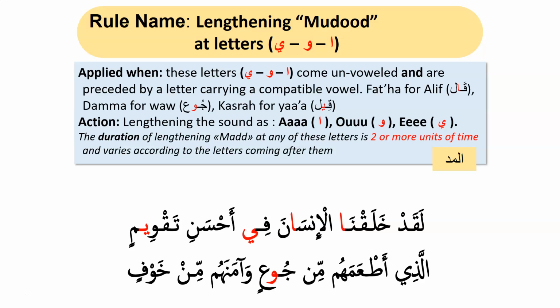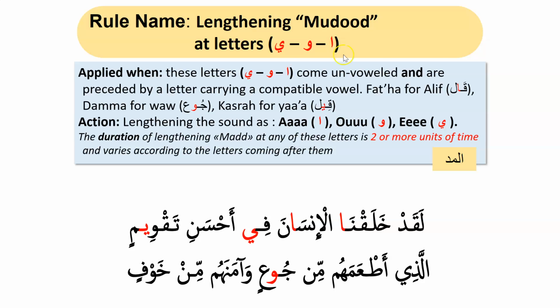I think you have guessed it already. What's a compatible vowel for each of these letters? For alif, it should be fatha. If you thought like that, you are correct. For waw, the compatible vowel on the letter preceding it should be dhamma. Yes, this is correct. For ya, the compatible vowel should be kasra, and that's it.